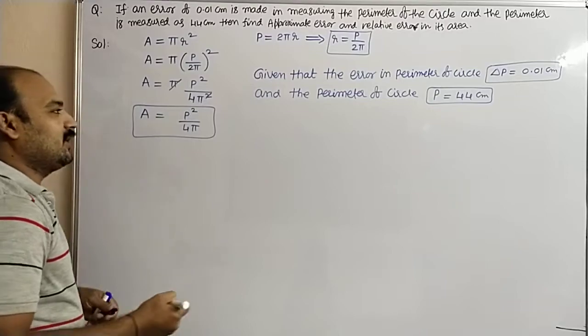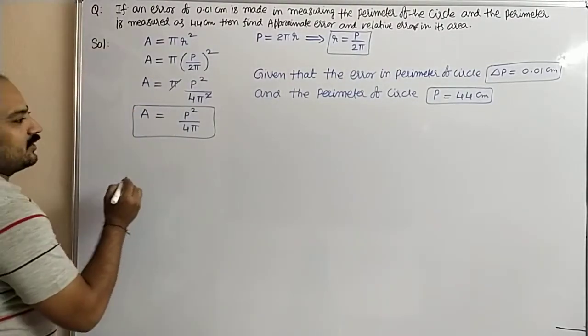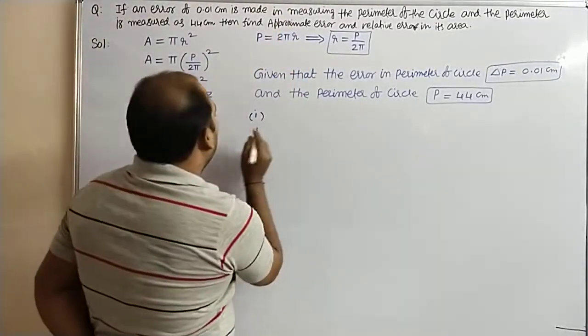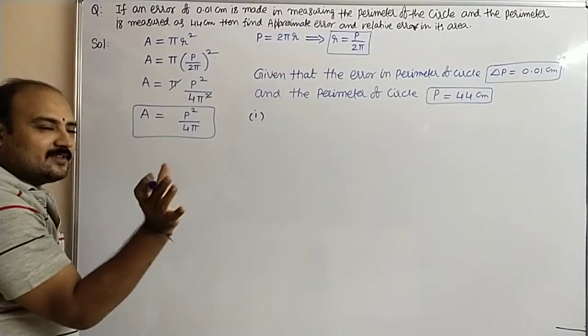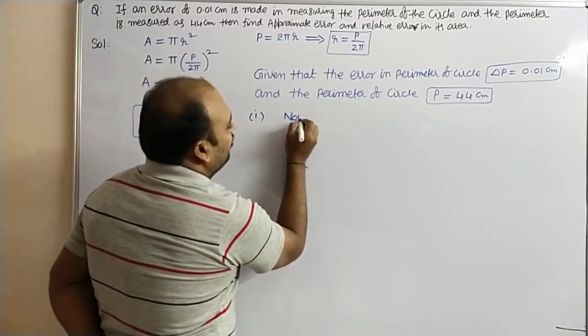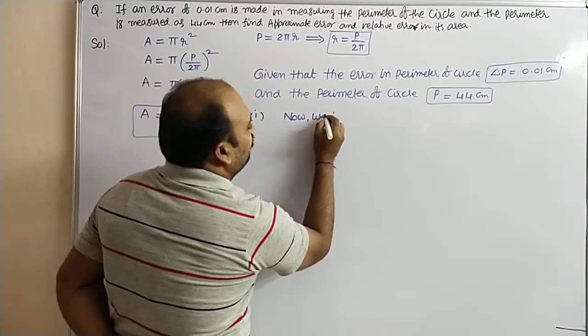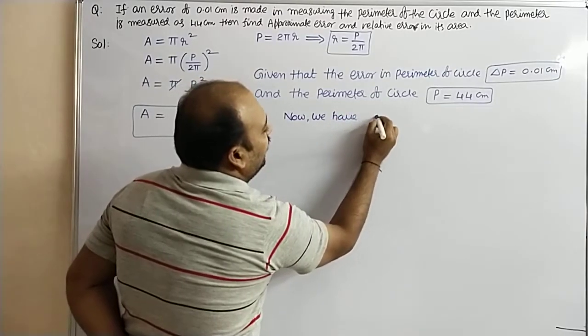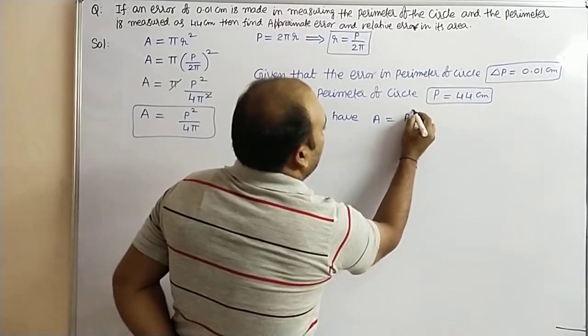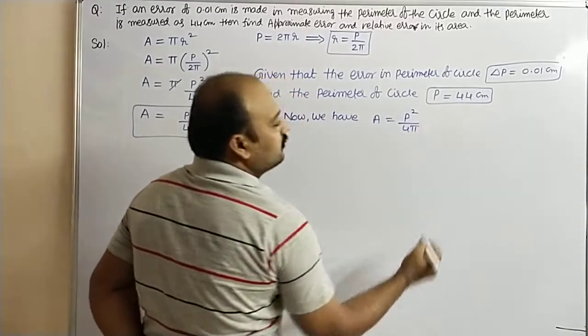First question I am doing here. First question, to get the approximate error. What is the relation between area of the circle and perimeter of the circle? This one you know. Now we have A is equal to P square by 4 pi.